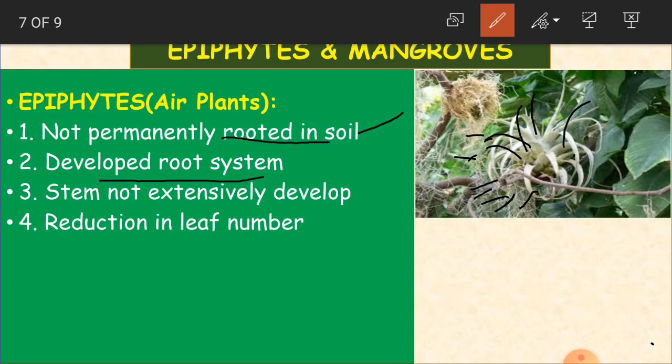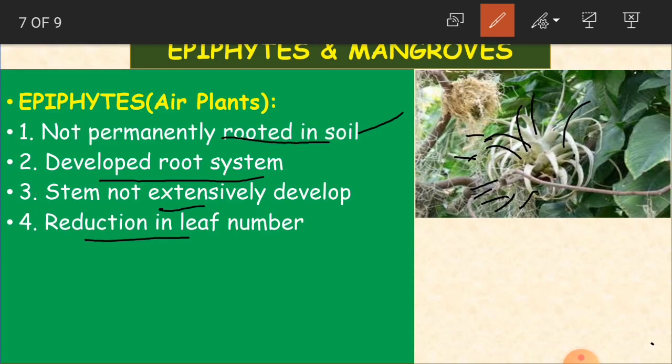And this reduction in leaf number is to minimize water loss. So what is water loss, children? When a plant gets water, it does not take all the water for its growth.